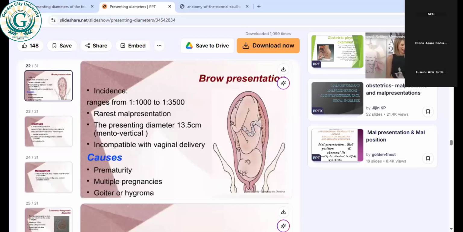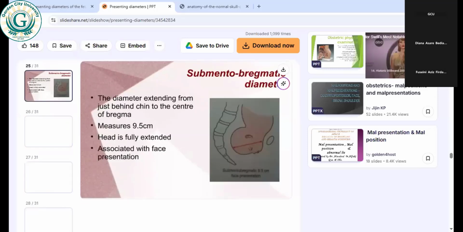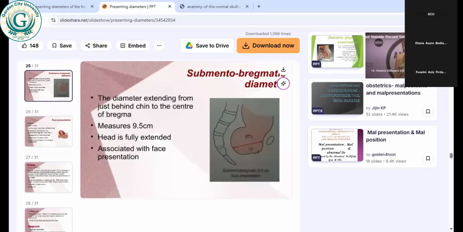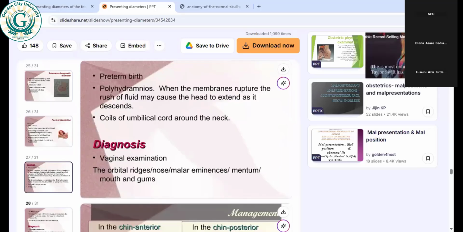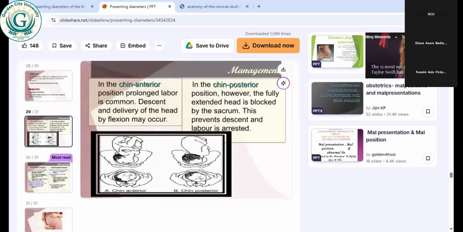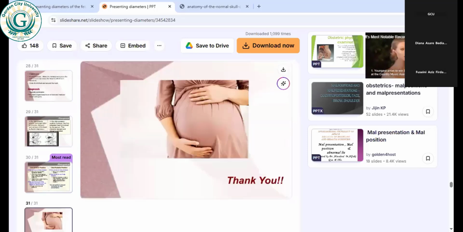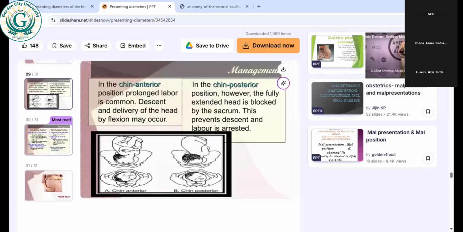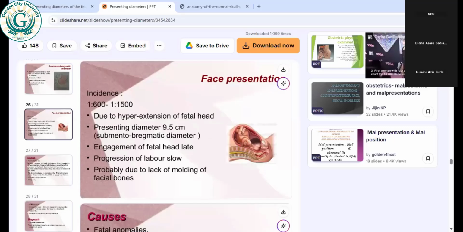The submentovertical diameter, which is 11.5, will distend the vaginal orifice. So the space would seem tighter or smaller for it to pass. That's with the face presentation.